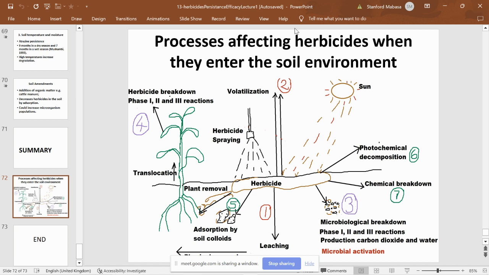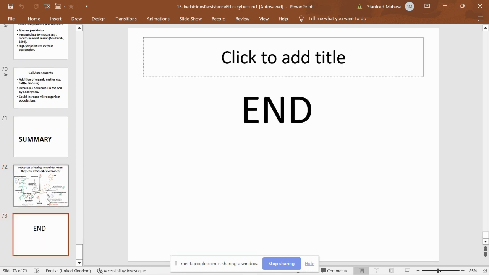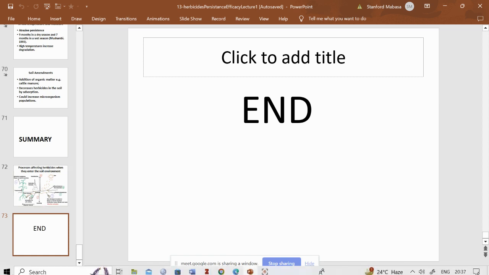And I indicated that under microbial activity and the role of plants, it can be a long story where you talk about phase one, phase two, phase three of herbicide degradation, which is supported by a lot of these enzymes. So this is it. I will stop here.